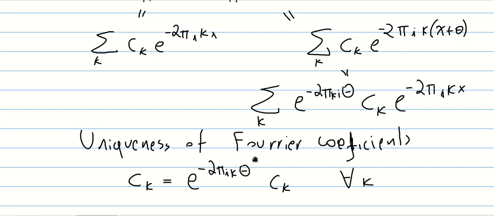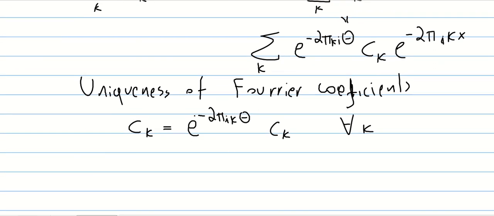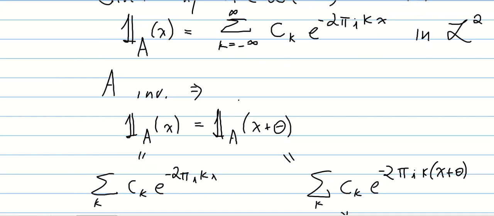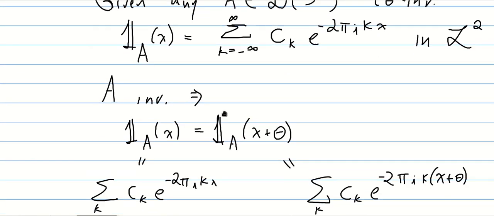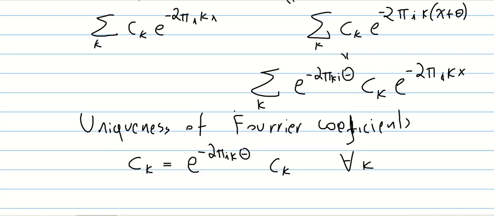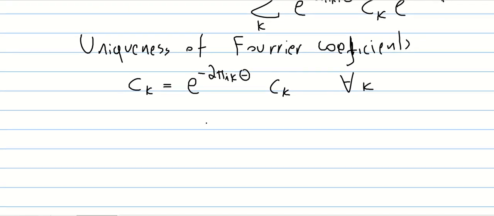Okay, so this is the essence of the proof in terms of the technology that we are using. We are using the Fourier decomposition to be able to write this, and we are using the uniqueness of the Fourier coefficients to be able to write the equality below. But now we can forget Fourier, now it's just algebra.